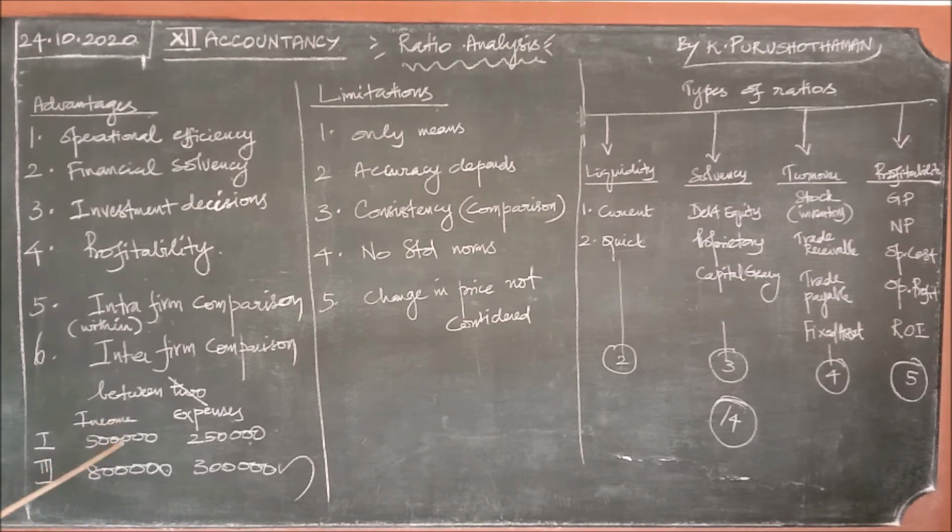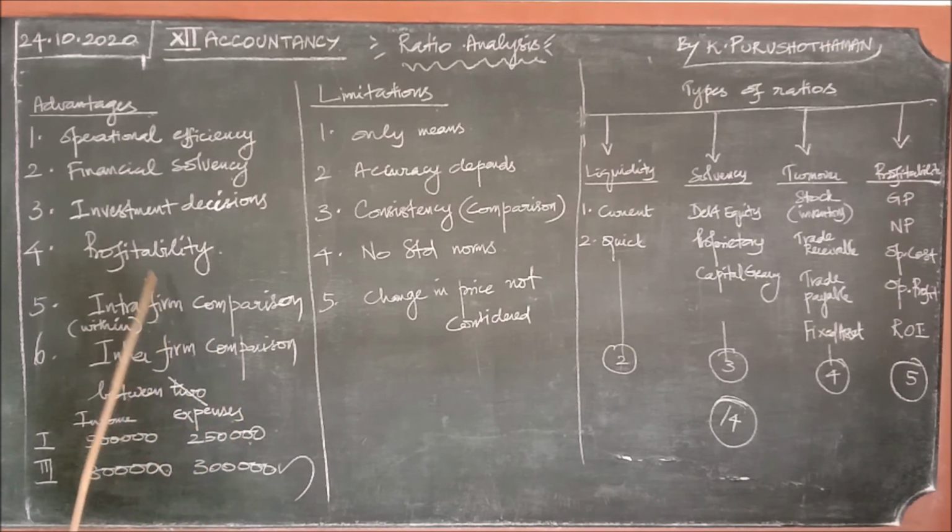The price level changes are not considered. We consider only the revenue from operations. What is the revenue from operations? In the first case 5 lakhs, in the second case 8 lakhs. And what is the cost? What is the price level there? We don't consider it. And that is why it is also one of the drawbacks.